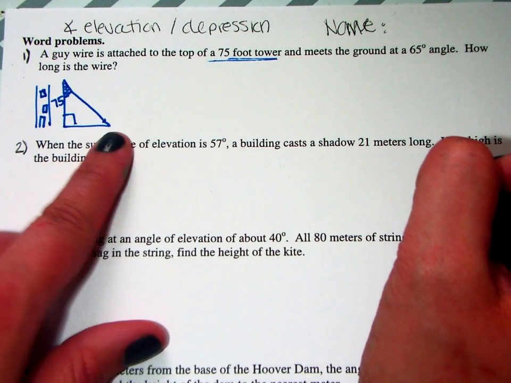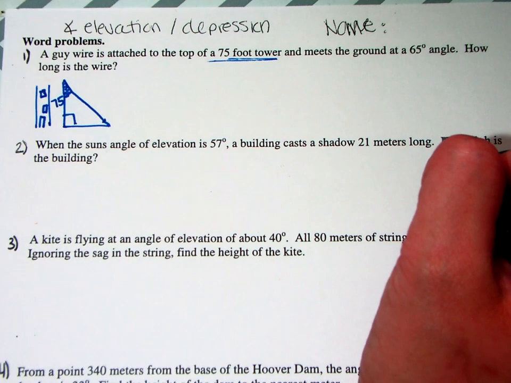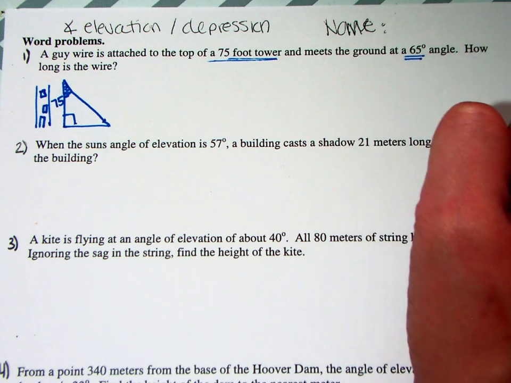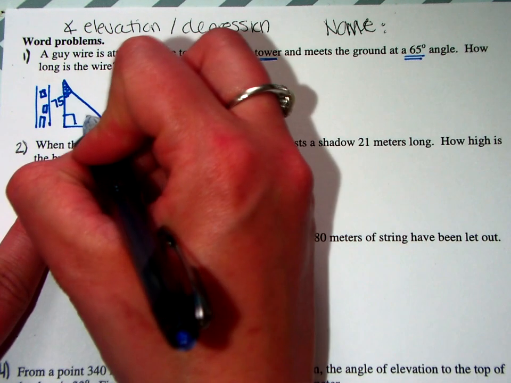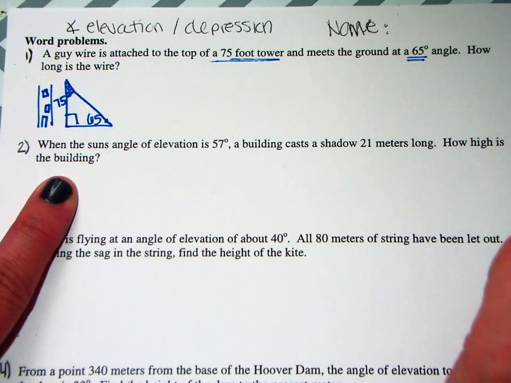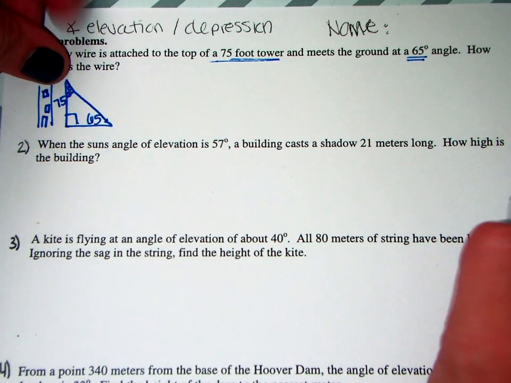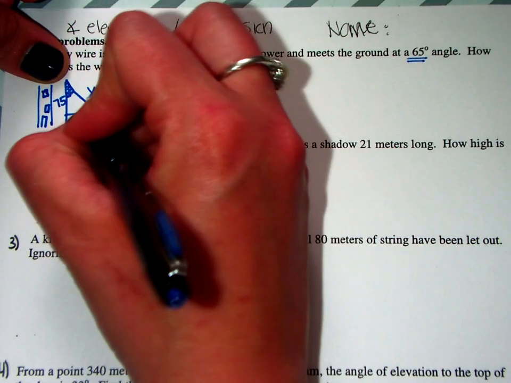The wire is attached to the top of the tower. It makes an angle of 65 degrees with the ground. The ground is the bottom, so I'm going to put 65 here. How long is the wire? Now the wire is attached to the top of the building, so my wire has to go here. So my X value is here.